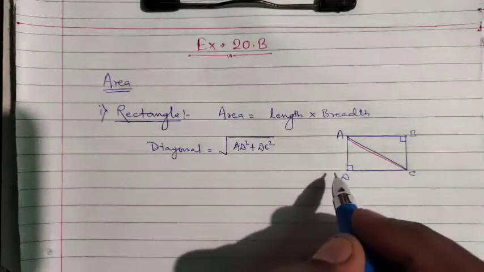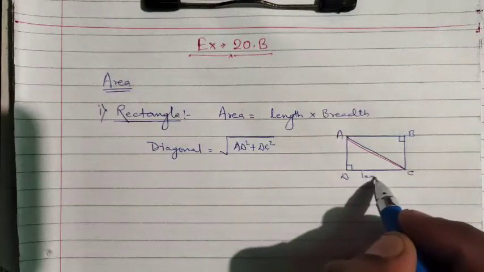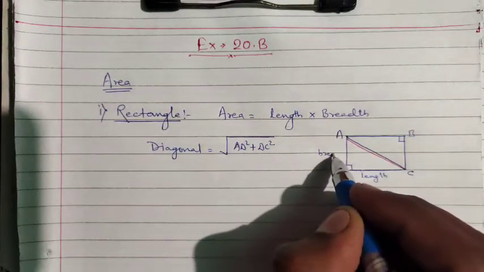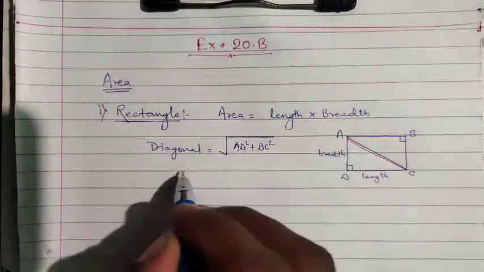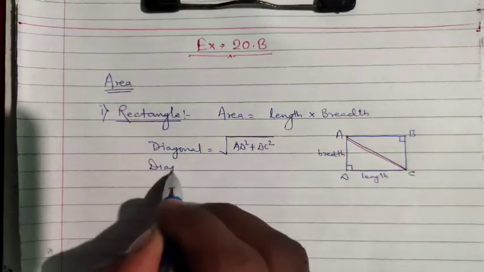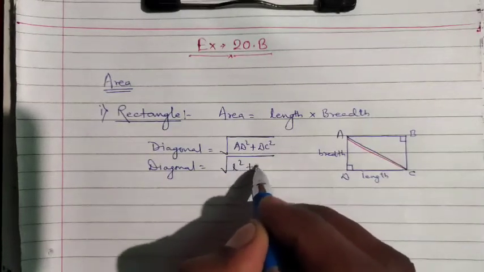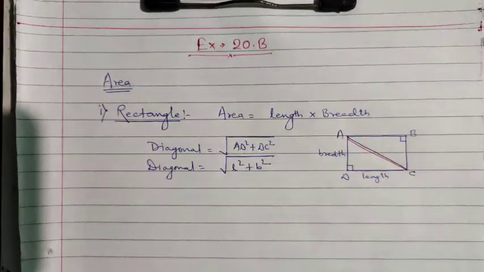Or if you write in the length and breadth, because the longest side is called length, shortest side is called breadth, so we can write diagonal is equal to under root L square plus B square. These are the two formulas for rectangle which we are going to use in this exercise.